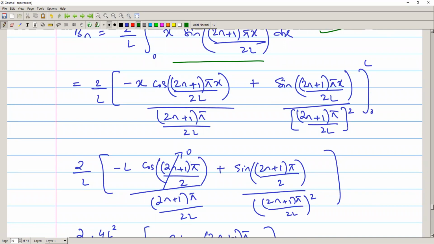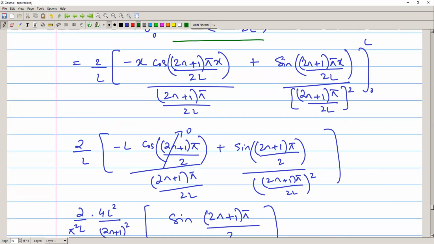And again, we know that this will become cosine of (2n plus 1) pi over 2, right? So this cosine of (2n plus 1) pi over 2 is 0, and this will be sine of (2n plus 1) pi over 2, which is equal to negative 1 to the power n, right?